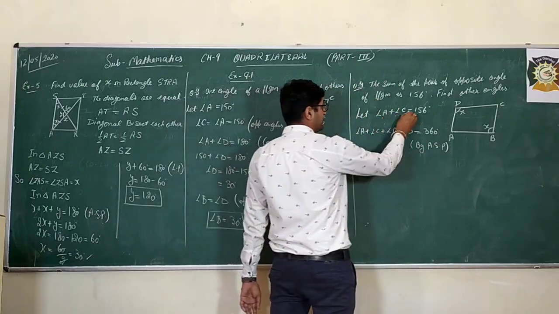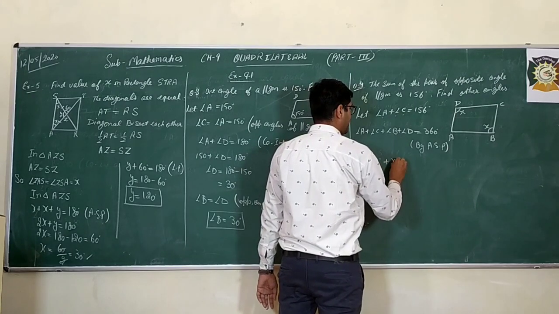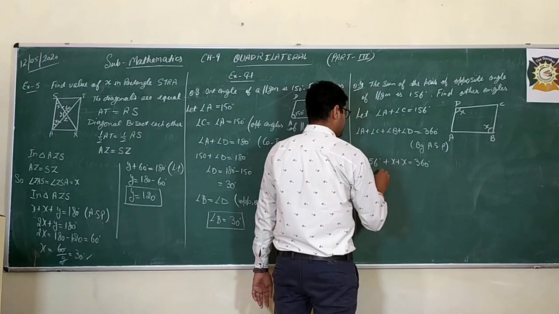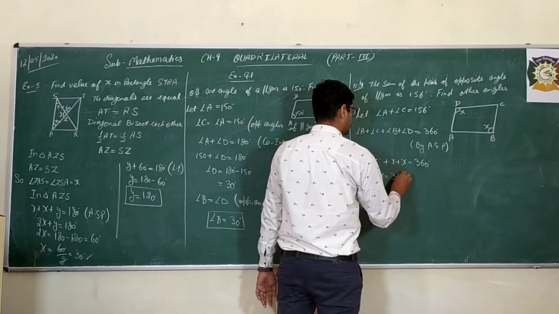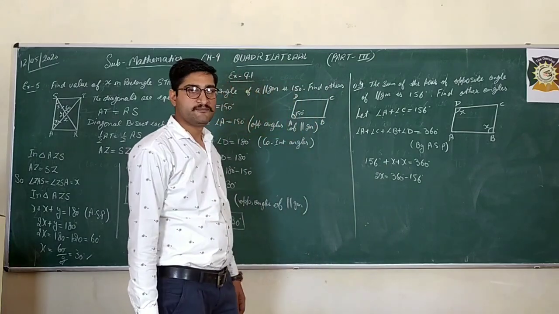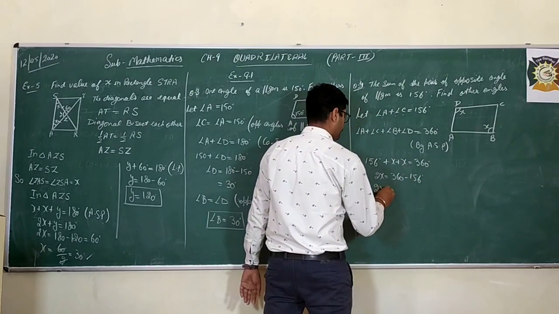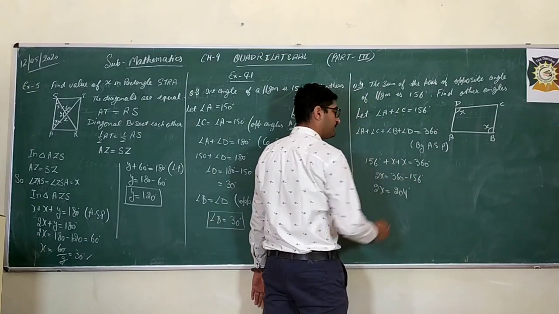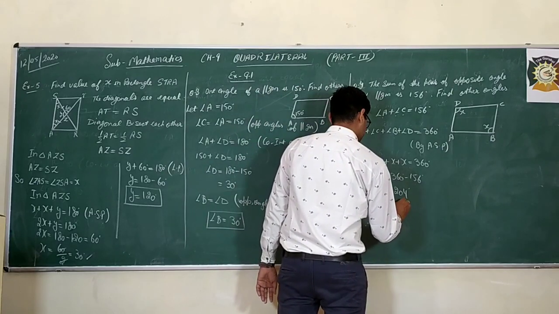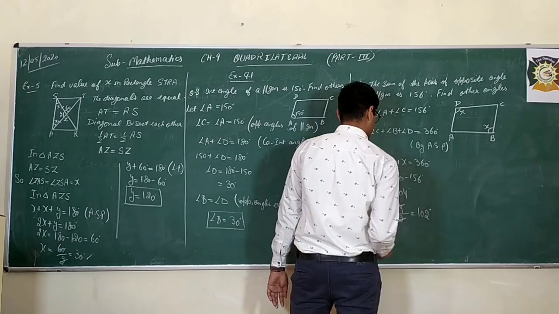Now angle A plus angle C is equal to 156 degrees plus angle B, that is x, angle D, that is x, is equal to 360 degrees. X plus x, that is 2x, is equal to 360 minus 156. When we subtract 360 minus 156, this will be 204. And the value of x is equal to 102 degrees.